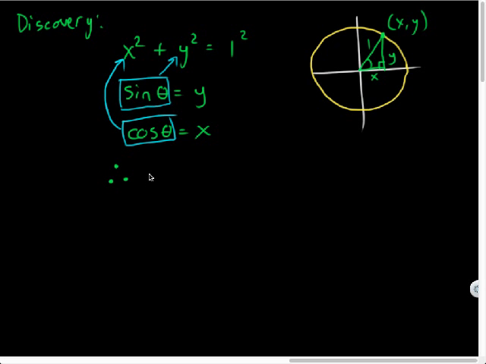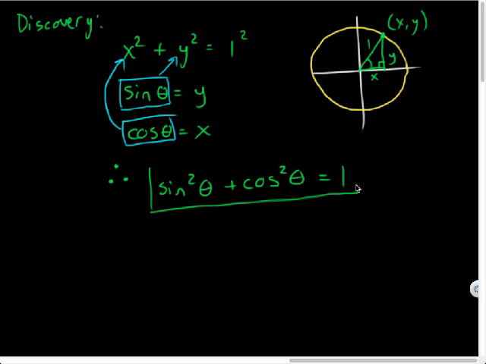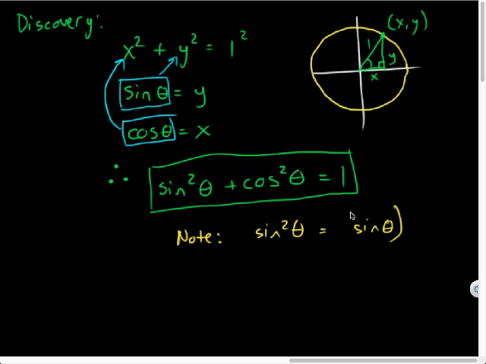I like how you said sine squared, cosine squared. They end up switching these as well because they think sine should go first. But yes, you also said it as sine squared plus cos squared equals 1, which is true. And what I want to point out is a little note that sine squared theta means sine of theta all squared.